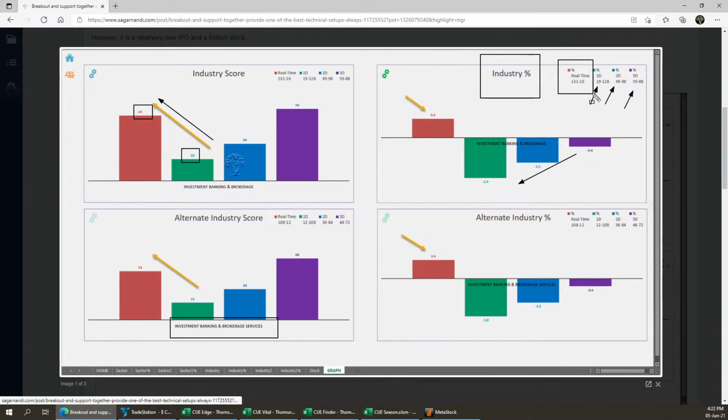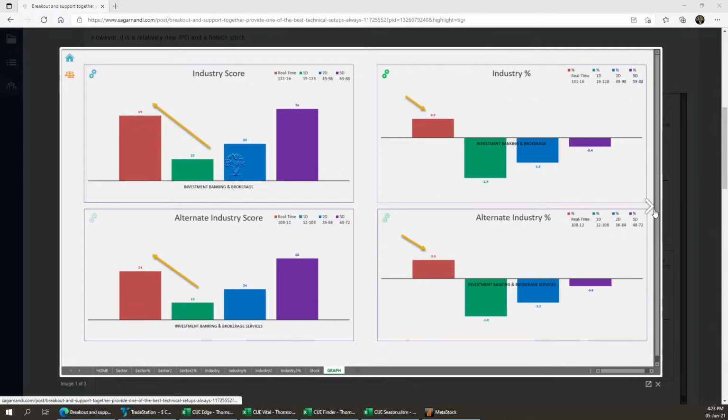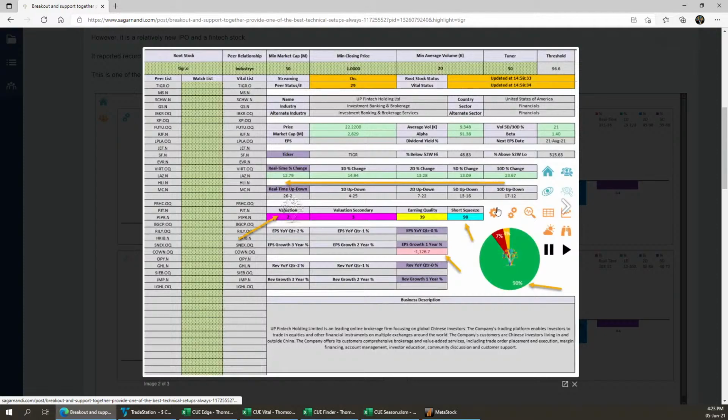And when I shared it in real time, as of that day, the industry was up. So it was a turnaround that we could see both from the score and the actual percentage move of the industry.